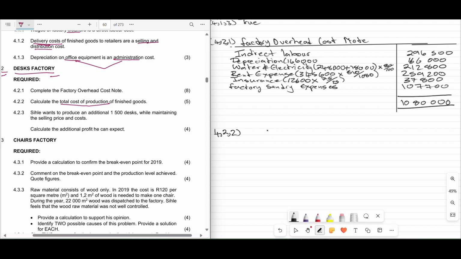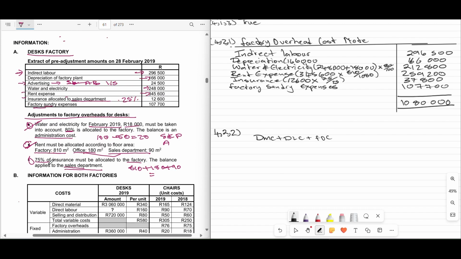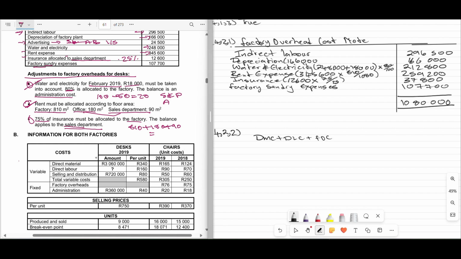So the formula to calculate total cost of production is direct material cost plus direct labor cost plus factory overhead cost. Let's check our direct material cost there, if we do have direct material cost. The direct material is this one here.